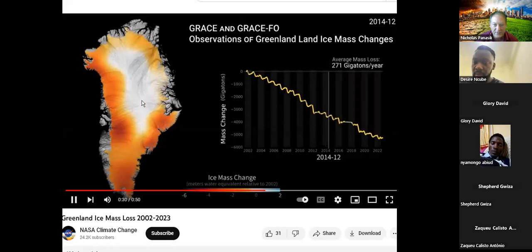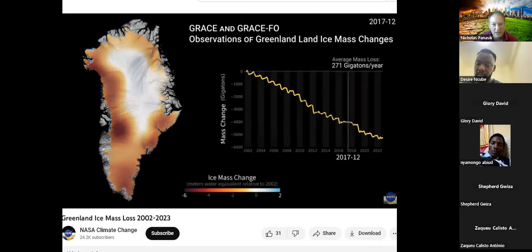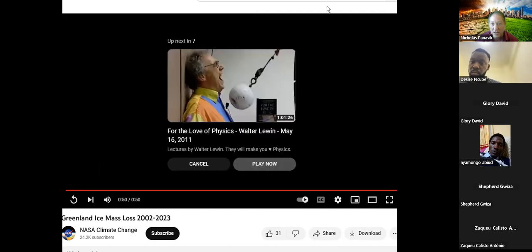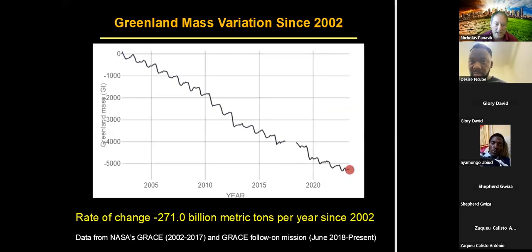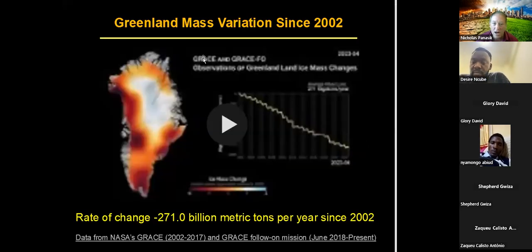This is 2015. Now we're in 2018, 2019, 2020. There's COVID. And now we're getting closer to 2023. So you can see, as we might expect, in the northern hemisphere, more melting than in the southern hemisphere.